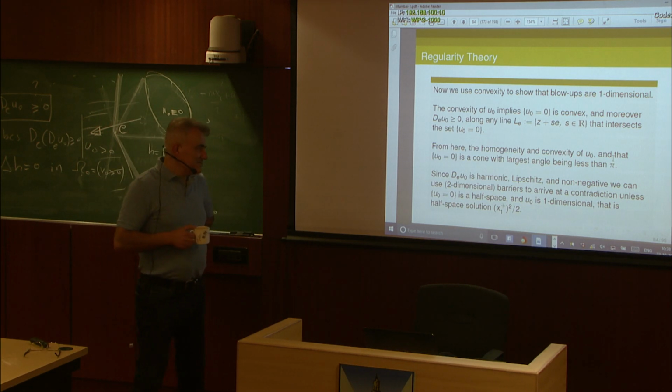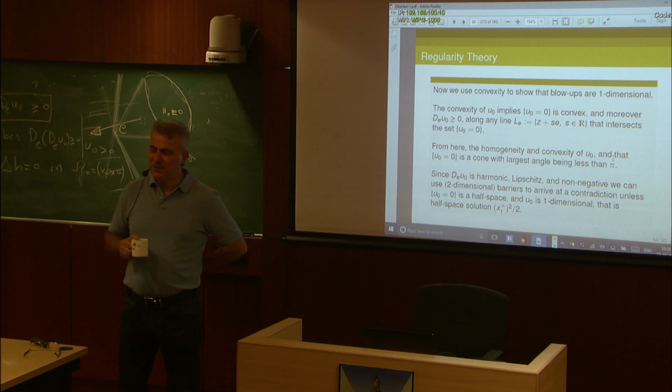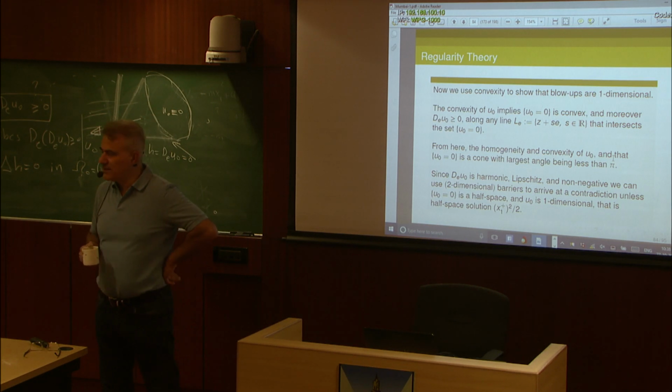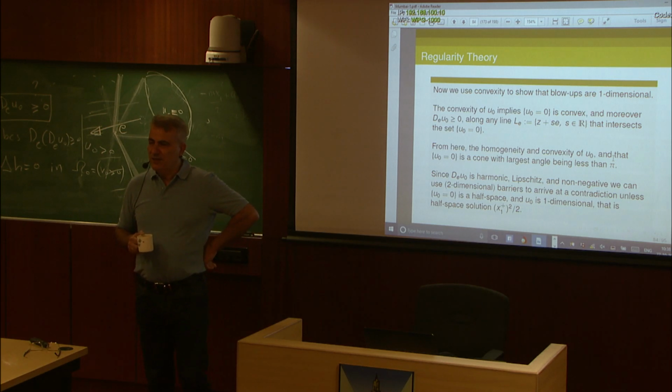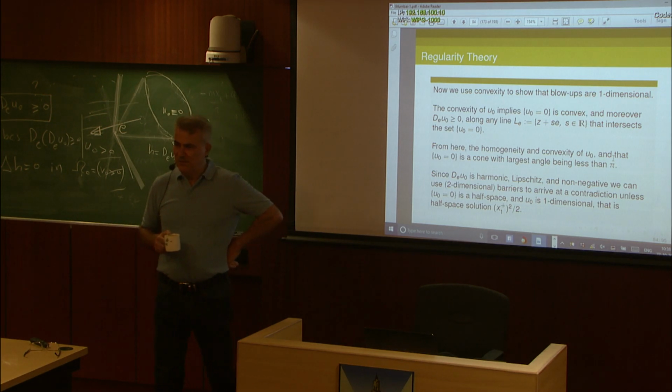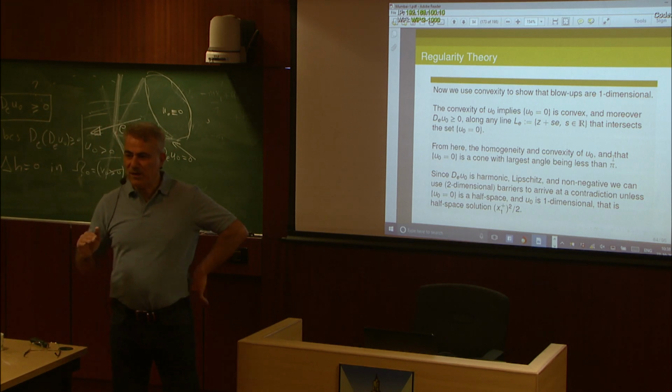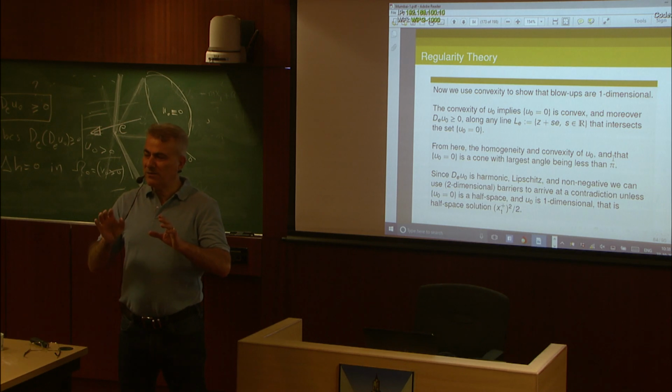It doesn't look so straightforward. If we subtract x1 to the power 2, let's say it's the upper half space, then it will be a harmonic function, and still it will be 0. Yes, I think that's the solution. If you take u0 minus x1 squared divided by 2, that can be a harmonic function.